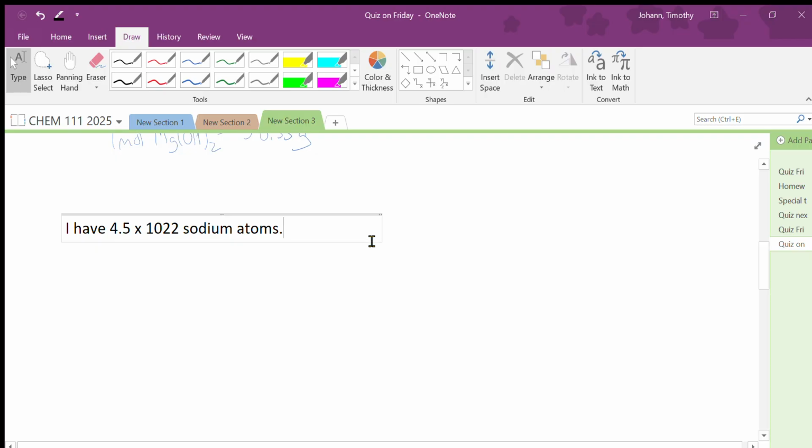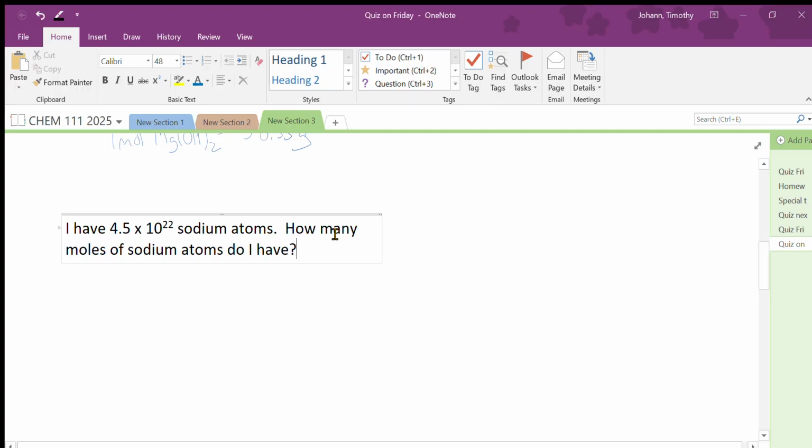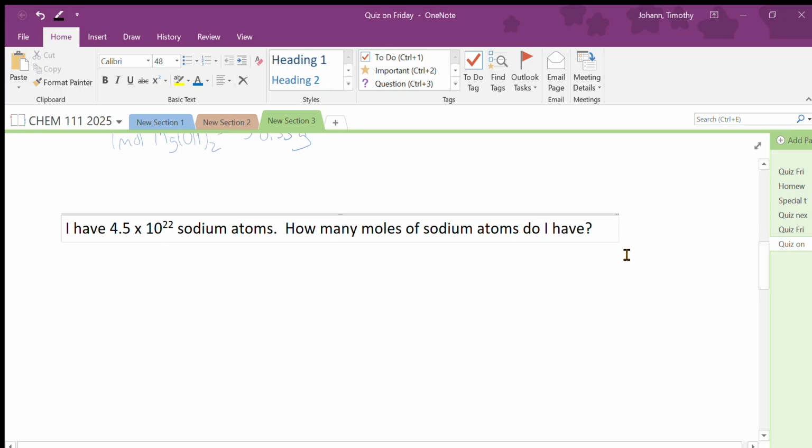Okay, so I have that many atoms. Let me go ahead and get this superscripted. How many moles of sodium atoms do I have? Go ahead and set this one up.